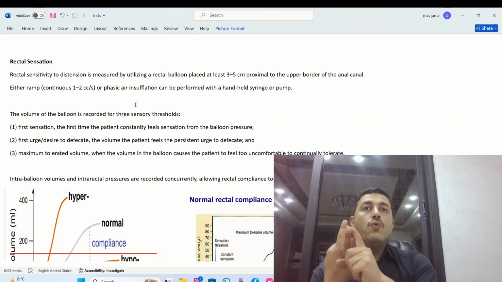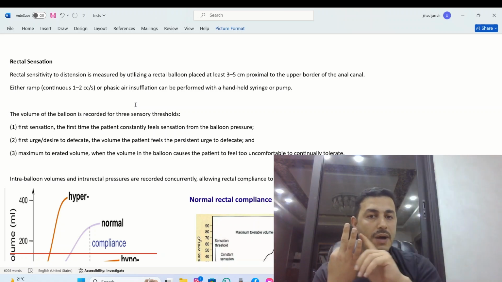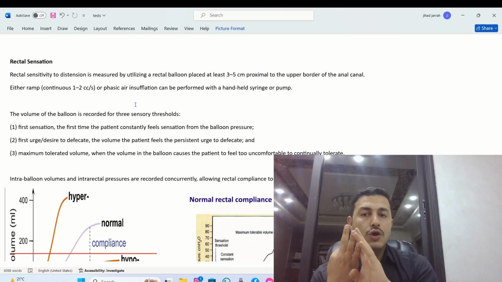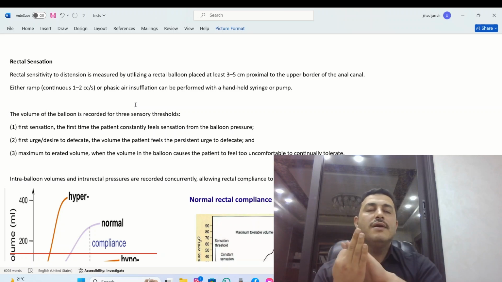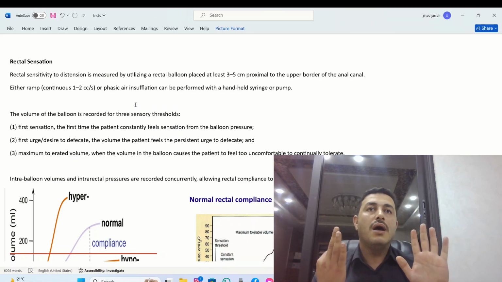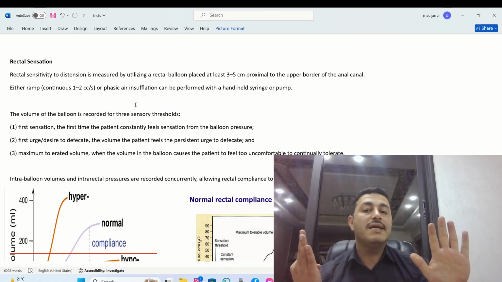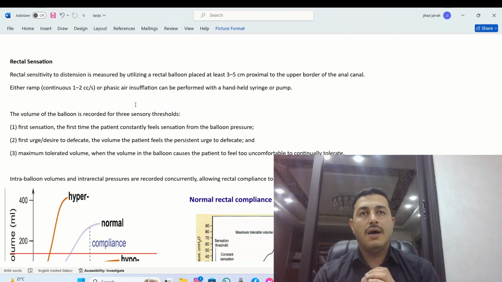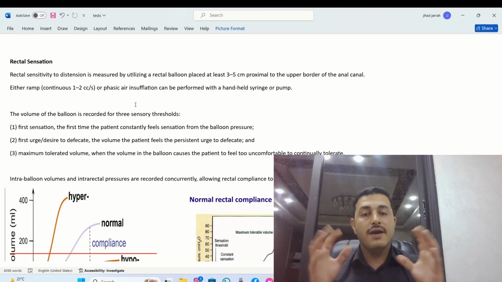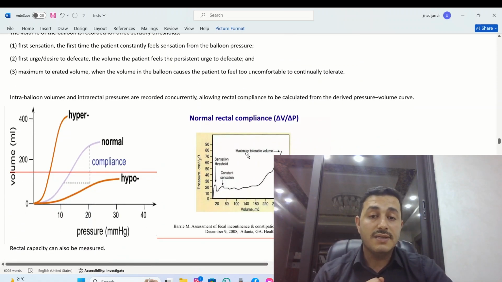The second, when he first feels the desire or the urge to go to the bathroom, and we record it. The third, when he can maximally tolerate the inflation of the balloon, and we record it as you see here. This is the maximum tolerated volume.